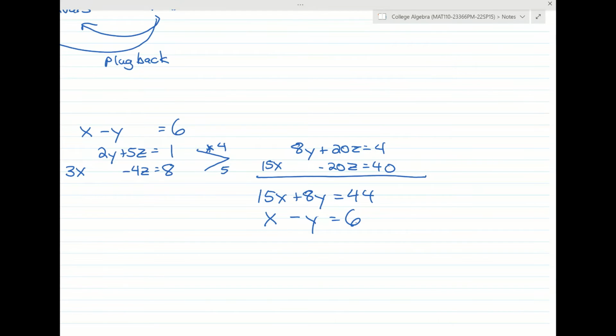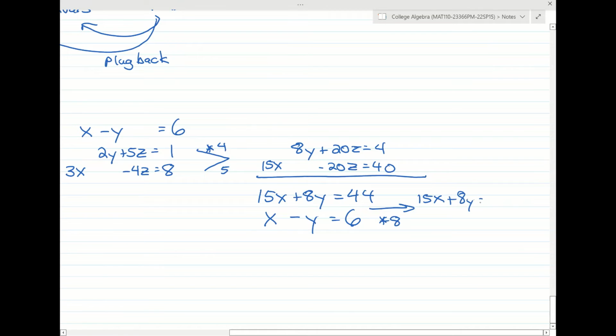Now we want to go from these 2 equations to 1. So does anyone have any suggestions on how we could eliminate either the x or the y? If you multiply the top equation by 8, the bottom equation is 15x plus 8y is equal to 44. Top equation would be 8x minus 8y is equal to 48.